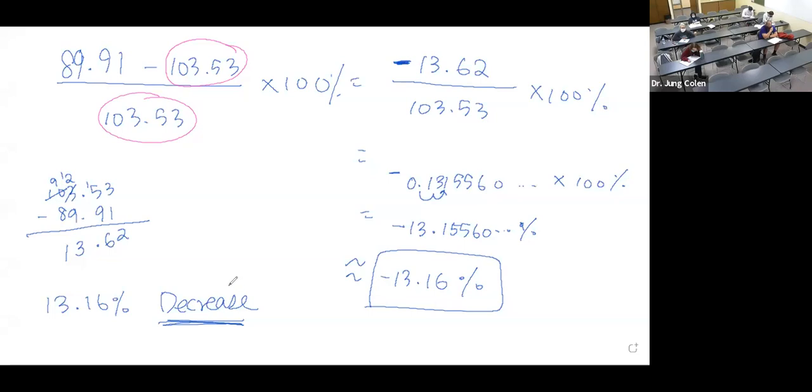So if you are using the word decrease, you don't have to put negative there. Because if you have a negative decrease, it becomes increase, right? Negative of negative becomes positive. Okay, so if you are using the word decrease, do not use a negative number there. You got that? Okay.